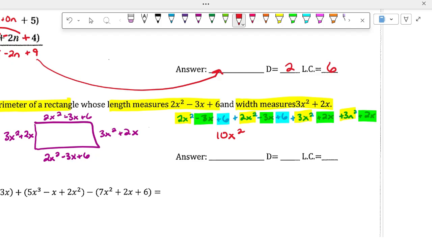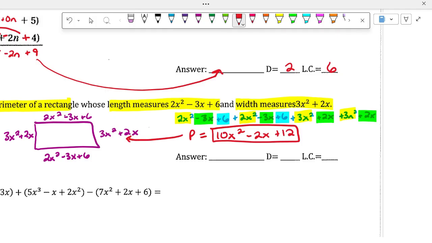Negative 4x plus 2x. Oh, yeah, negative 2x. And then finally, what's 6 plus 6? 12. So here's our answer. So this would be the perimeter of this rectangle.